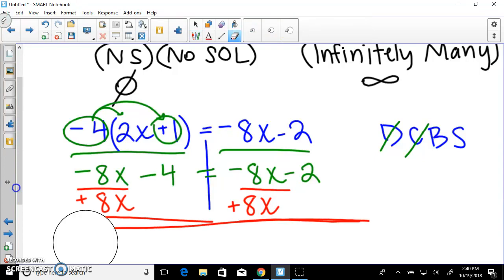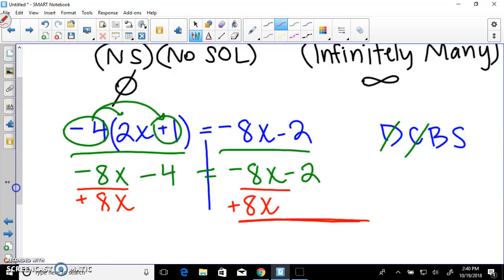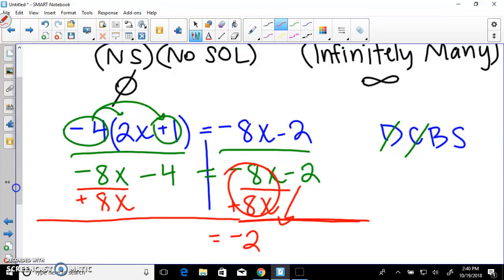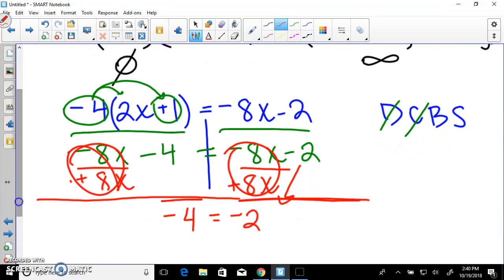Now the whole reason that we did that is to create a 0 pair. So this becomes a 0 pair, and I'm left with just -2 on the right. But what happens here? -8 plus 8. That's also going to give me a 0 pair. So all we're left with is -4.